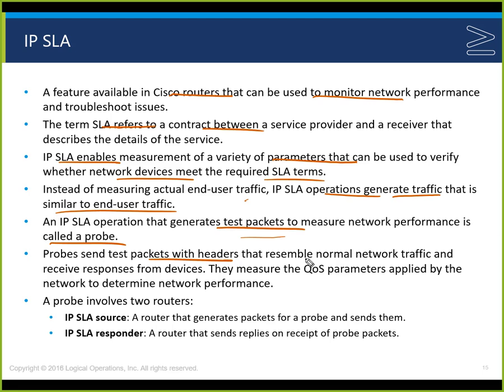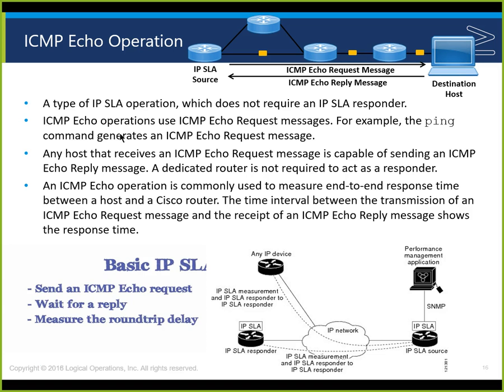Send test packets that resemble normal traffic, receive responses, and then they measure the QoS parameters that come back. It involves two things, the IP SLA source and the responder. The responder is at the other end of the area that we want to test, to confirm.